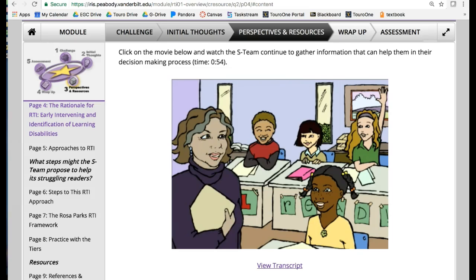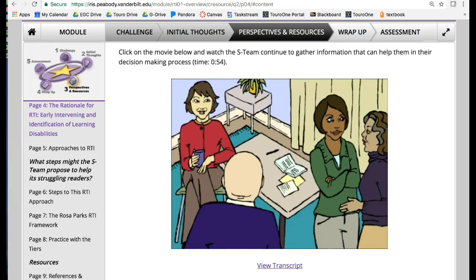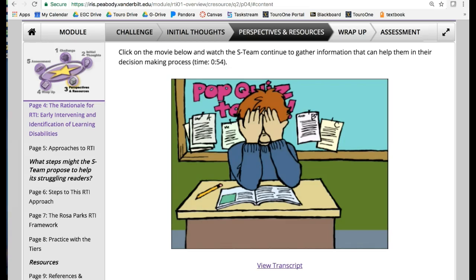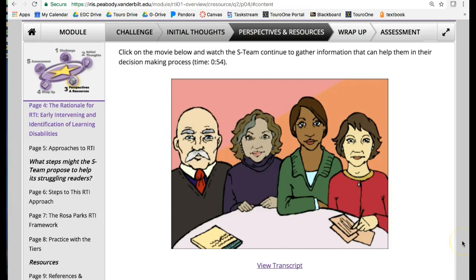They like the fact that the RTI model can get help to struggling readers early, and it can be used to identify students who have learning disabilities. So they want to learn even more about it. The S-Team wonders whether RTI is an approach that could bring help to students like the poor reader in Mr. Hess's class, so that they won't struggle for years before receiving more intensive instruction and supports. The team has many questions about how RTI might benefit their students, and whether it would impact the timeline for the provision of special ed services.